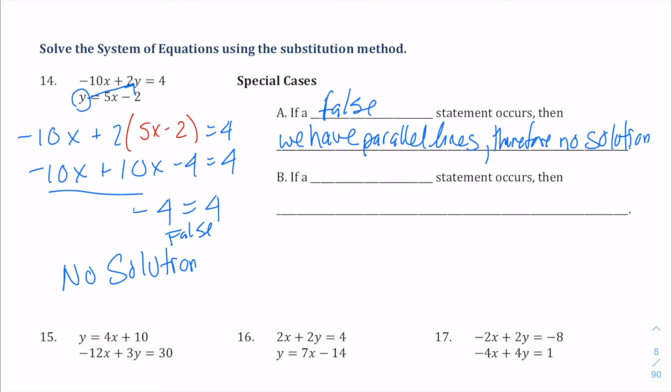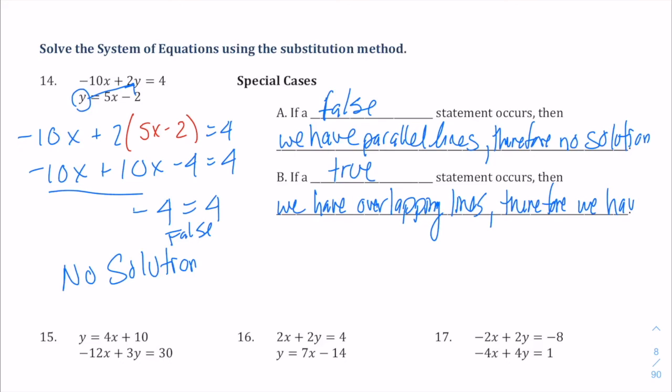We'll look at an example of the other type in a second, but I'm sure you've already concluded that if a true statement occurs, then we have overlapping lines, therefore we have infinitely many solutions.